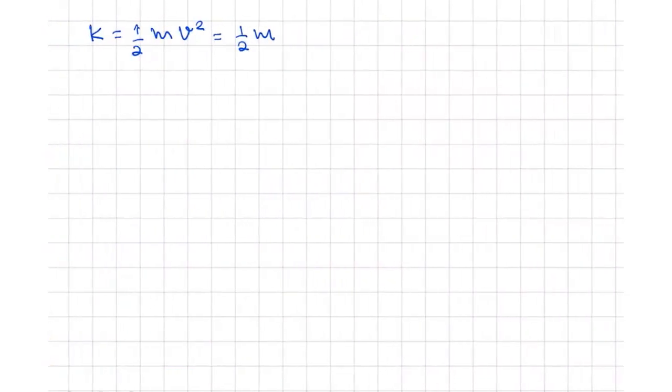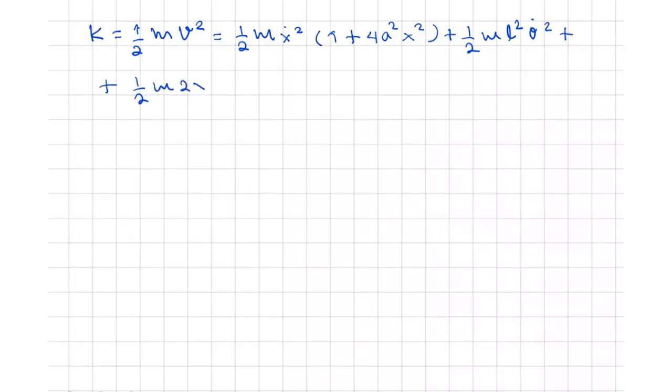So it's going to be one half of the mass x dot square multiplying 1 plus 4a squared x squared, plus 1/2 of the mass L squared theta dot squared, plus 1/2 of the mass 2x dot L theta dot multiplying cosine of theta plus 2ax sine of theta.